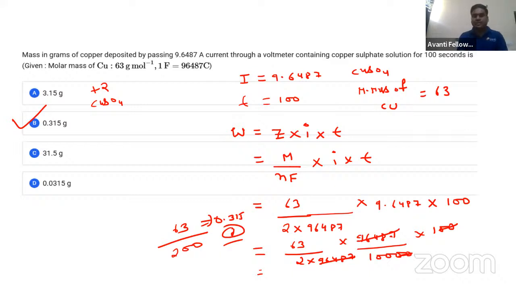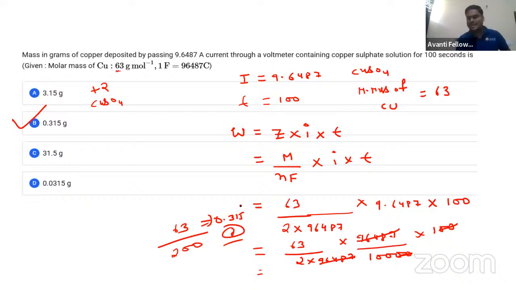So for calculating W, we need Z, I, and T. Now, what is the formula for calculating Z? Z is calculated by using the formula molecular mass divided by NF. The molecular mass of copper is already given, that is 63, so we put the value 63.